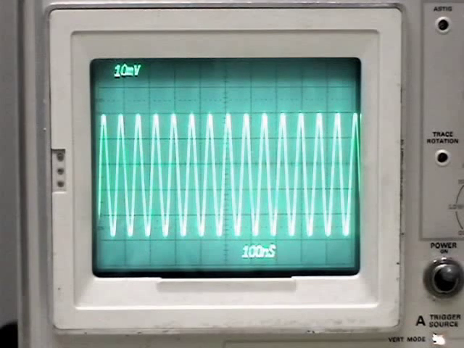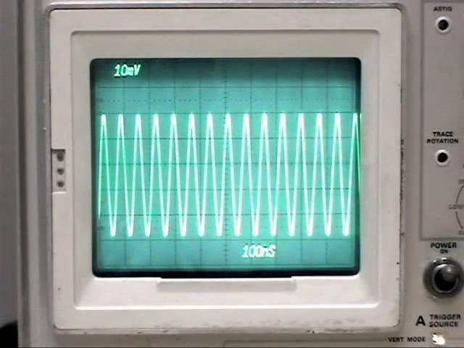Looking at the oscilloscope, we can see that we have 10 millivolts per division in the upper left corner. Sweep speed there is 100 nanoseconds. We have about 4.8 divisions of waveform displayed.